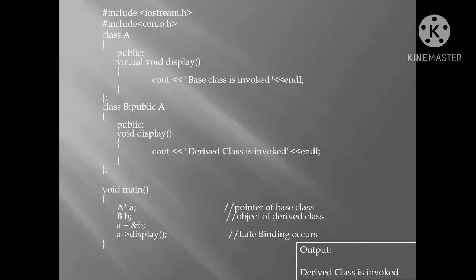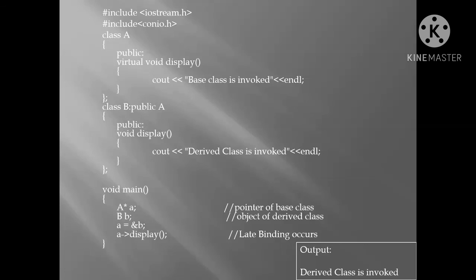Next, one more example of virtual function. Here I have two classes, class A and class B. Class A is my base class, class B is my derived class. In both the classes I have a function, and that function name is the same, display. So I am declaring my base class function as a virtual function.